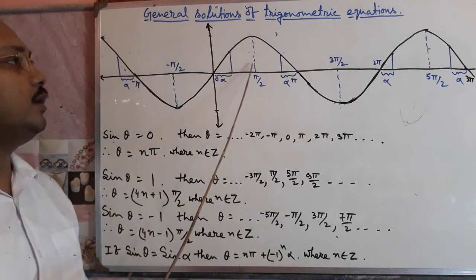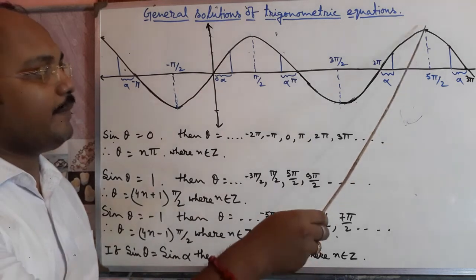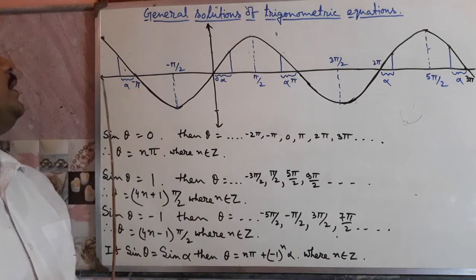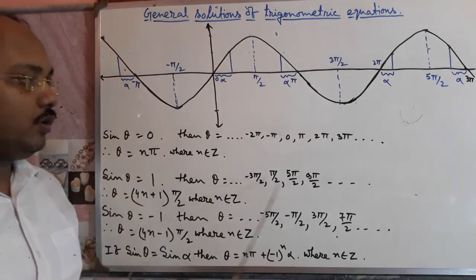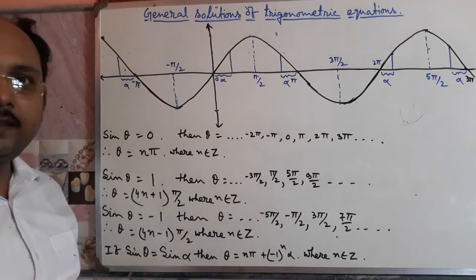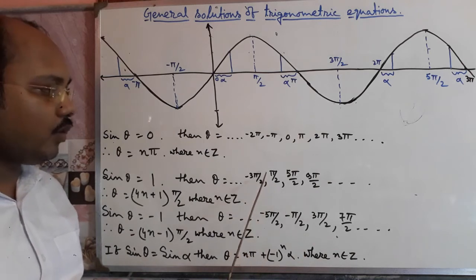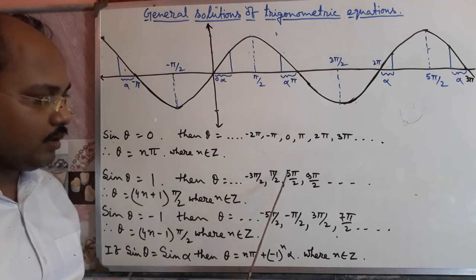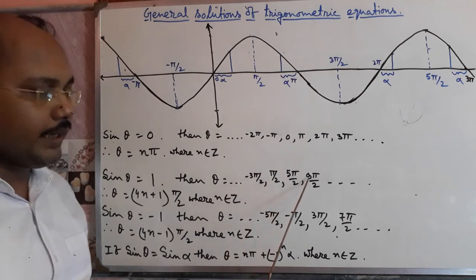Now if sine theta is equal to 1, for which angles is it 1? You see here pi by 2, 5 pi by 2, then 9 pi by 2, and on this side minus 3 pi by 2. What can you write in general? If you divide all these coefficients of pi by 2, you see minus 3, 1, 5, 9.